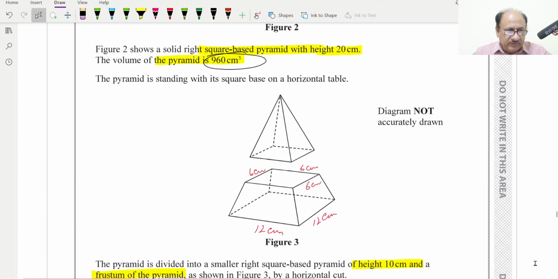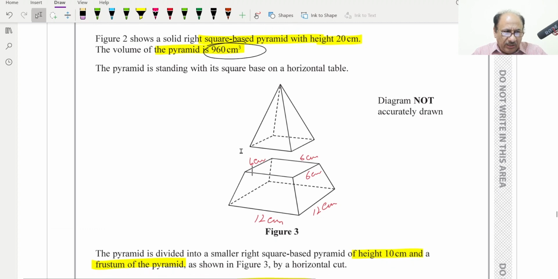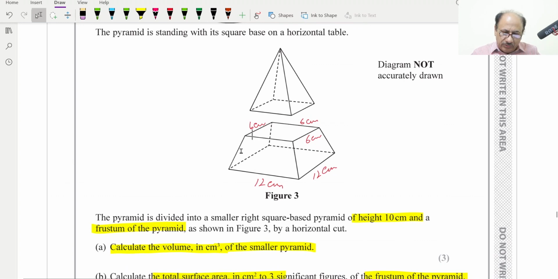Now, after getting this information, we need to find the height of this shape. To find the height of this shape, if I draw this line in the middle, like for example over here, this will be the middle line, and I'm trying to show the concept over here. So hopefully you will understand.